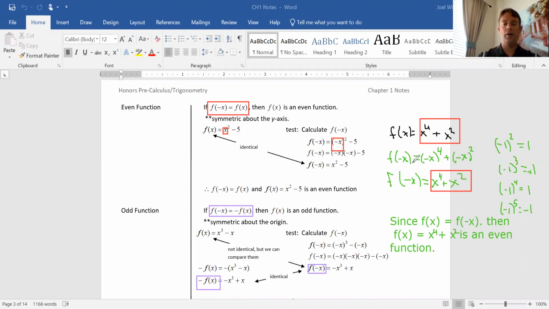Likewise, let's try this one here. Take a second. I want you guys to see if you can come up with this one. F of x equals, let's try, x to the 5th minus 2x cubed.